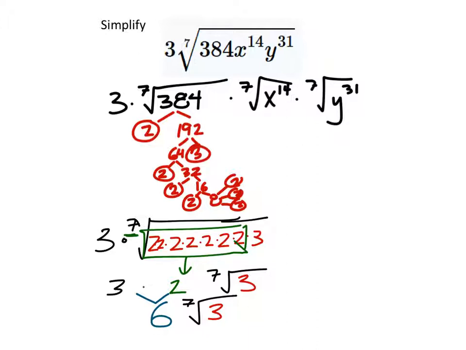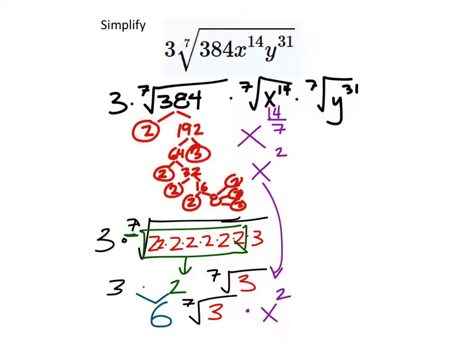The x's on this one, I want to change the exponent into a fraction. So this is going to be x to the power of 14 sevenths. I did that right, because I know 14 is divisible by 7 evenly. So it's really x to the power of 2. I'm just going to bring it down with the rest of this expression, x to the power of 2.